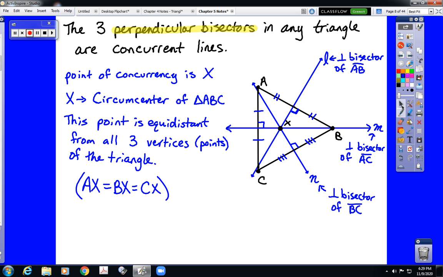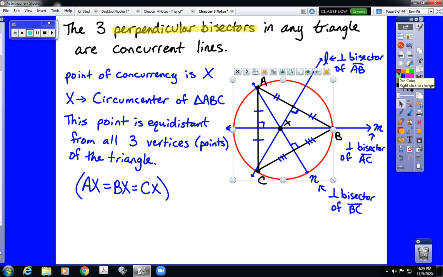And in fact, this comes down to why it's called the circumcenter. That is called the circumcenter because X is the center of a circle that is circumscribed around the triangle. Okay? X is the center of the circumscribed circle for triangle ABC.